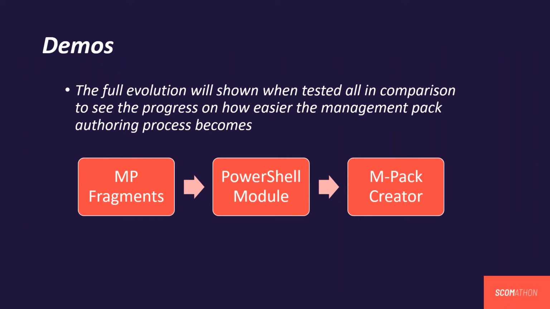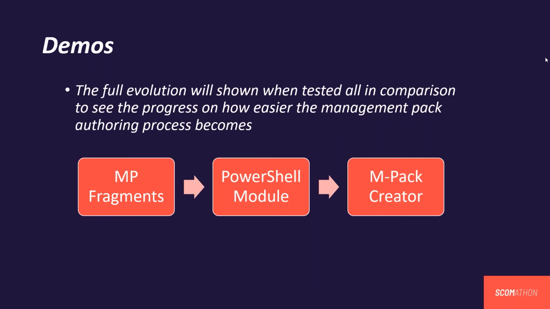Yeah. So what we're going to do is go through three series of demos. We're going to really show the evolution of how the management pack process goes. So we'll go from the management pack fragments, then we can see how long it takes and the structure and the process of creating a management pack using the fragments.